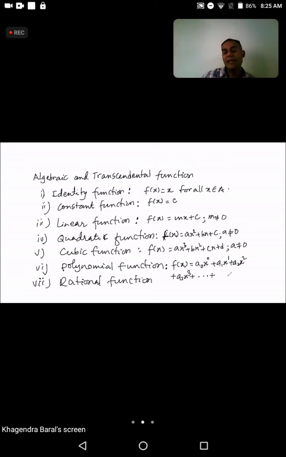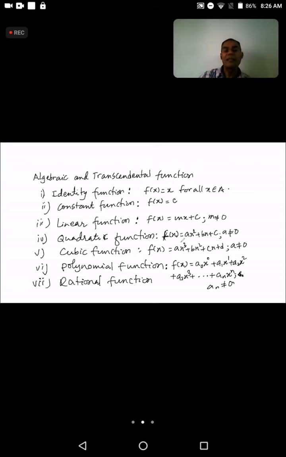This is a polynomial function of degree n in our variable x, if an is not equal to 0. Let us say an is non-zero. This type of functions are the polynomial functions. So we can say all these functions can be taken in the form of polynomial functions.